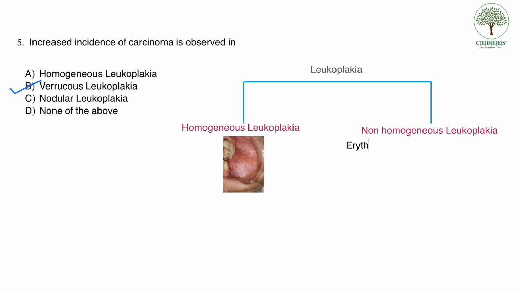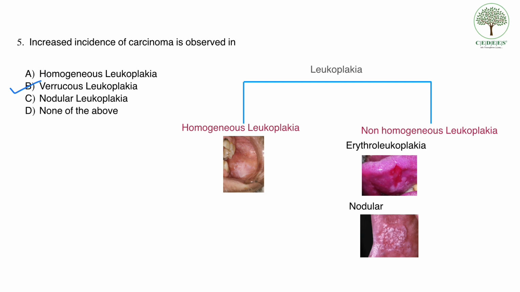The non-homogeneous category is further subdivided into erythroleukoplakia, where the white patch is intermingled with bright red velvety plaques; nodular leukoplakia, where the white plaque is elevated and you see the presence of several nodules; verrucous leukoplakia, which has a verrucous, rough, corrugated surface; and speckled leukoplakia.